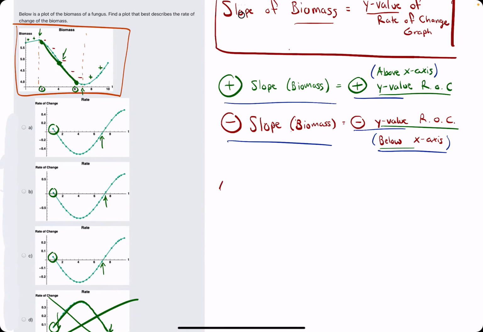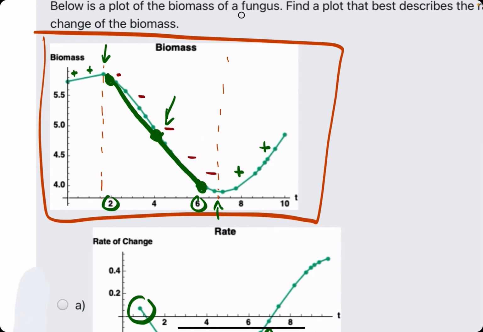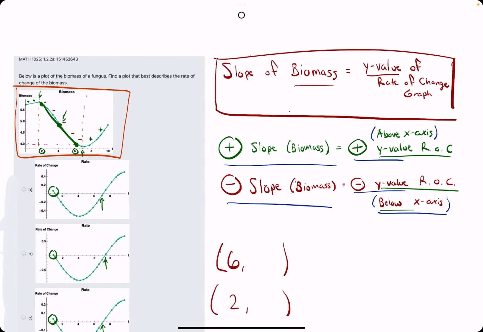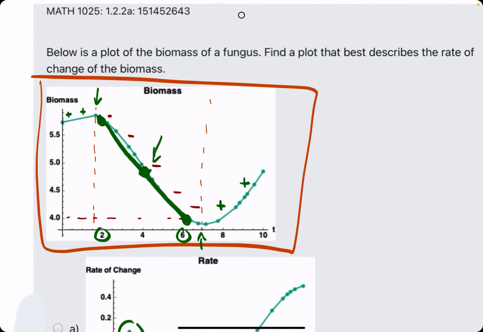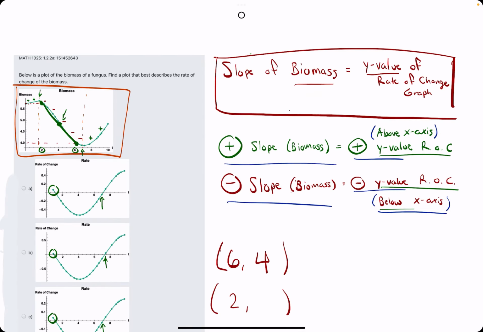We have our x values. We just need to estimate the y values. It looks like at 6, we can claim that y value is about 4. And then at 2, it's a little above 5.5, maybe 5.7.